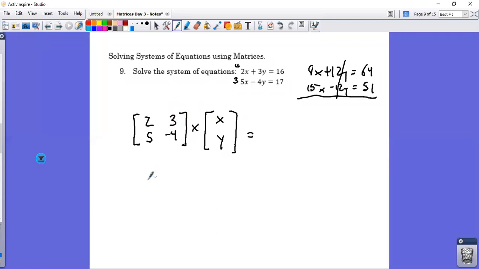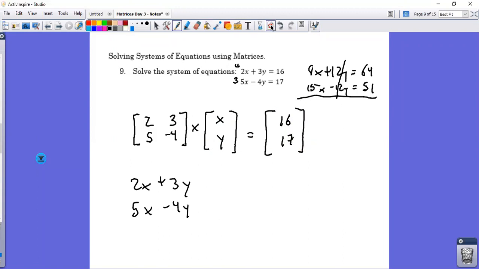So it'd be 2 times x plus 3 times y. And then the second would be 5 times x minus 4 times y. So that's exactly what this is, just written into matrix form. You're just separating the variable from the numbers. What that equals is this 2 by 2 times a 2 by 1 will give you another 2 by 1 of 16 and 17. Erase this part.